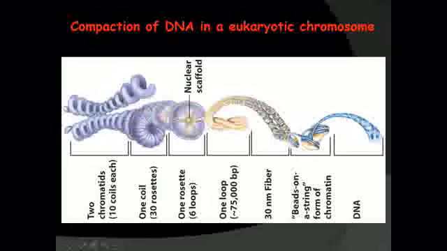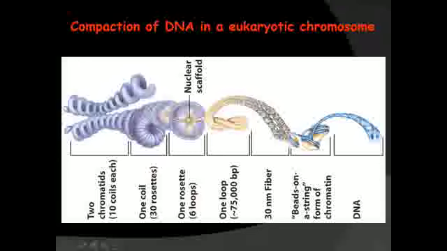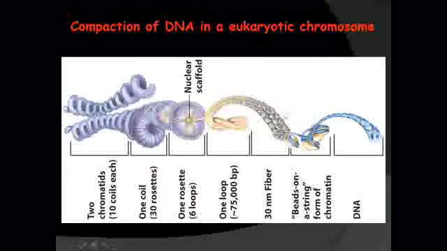Three such strands of nucleosomes align on each other. This basic nucleosome beads-on-string structure has a diameter of 10 nanometers. But when three of these strings align over each other, this forms a 30 nanometer fiber.